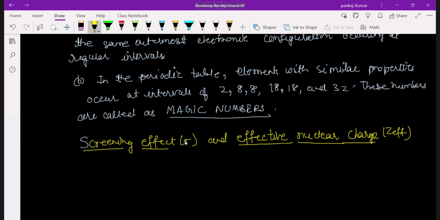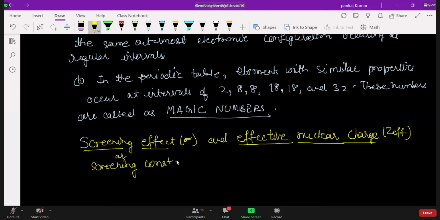Okay. Yes, so now we'll see the screening. It's sigma, sir. Sigma. A screening effect, or we can use the term screening constant. So there are two terms: screening effect, or screening constant. This symbol, can you see this symbol? One round and one straight. Screening constant.